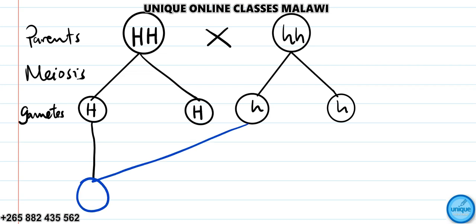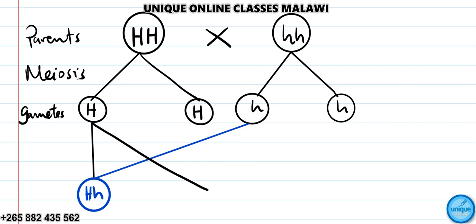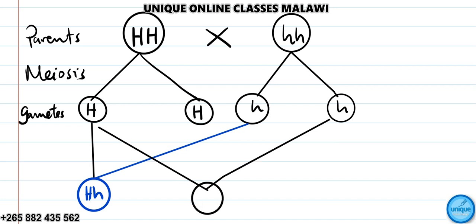Ndekuti ajipatsa capital H ndi small h. Whereas the same guy here abangana fertilize ndi nkulu alabai amene akatipatsa capital H, this small h. Ndikuti we are done with the fertilization of these.